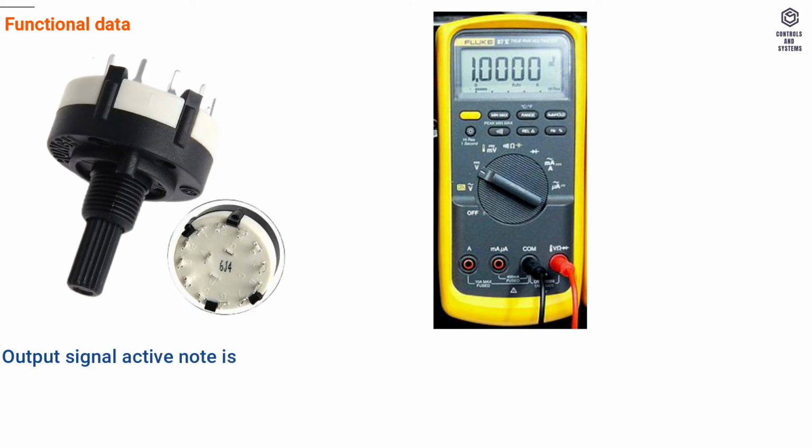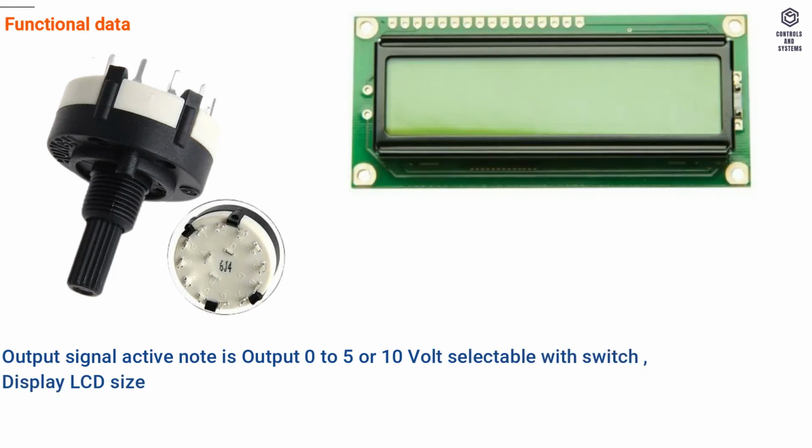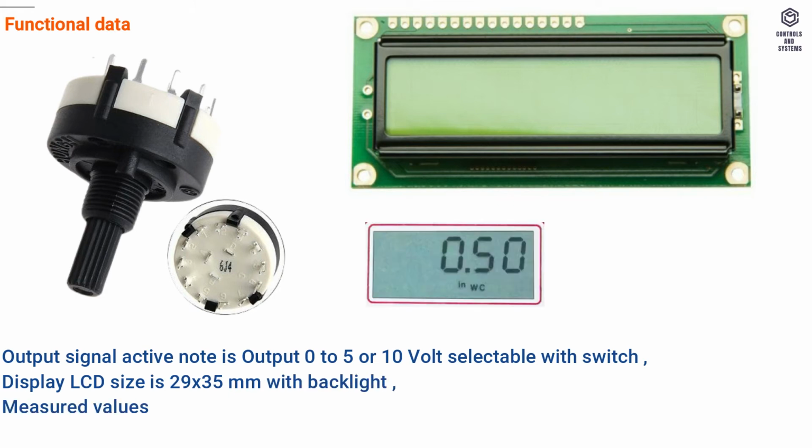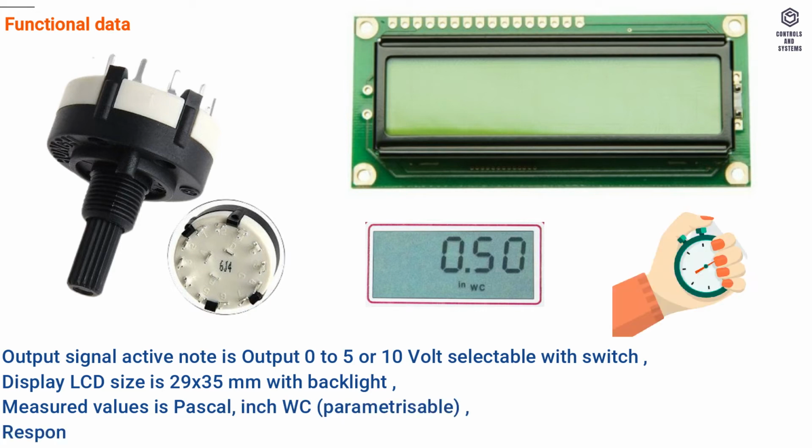Note: output 0 to 5 or 10 volt selectable with switch. Display LCD size is 29 x 35 mm with backlight, measured values is Pascal, inch WC. Parameterizable, response time is adjustable 0.8 seconds or 4.0 seconds.